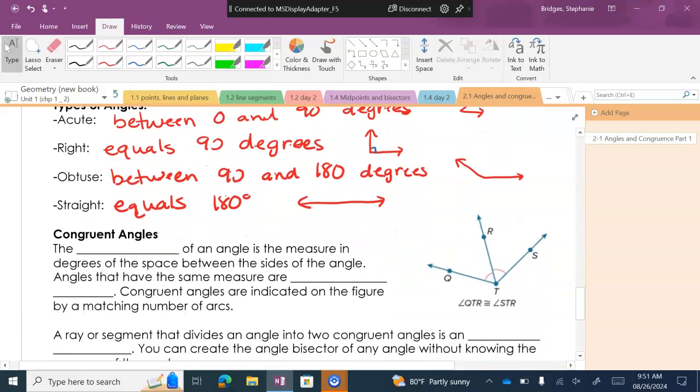Congruent angles, like congruent segments, are angles that have the same size and the same shape. So it says congruent angles. It says the measure. That means how many degrees it is of an angle is the measure in degrees of the space between the sides of the angle. When I'm talking about the measure of the angle, I'm talking about how many degrees does it equal.